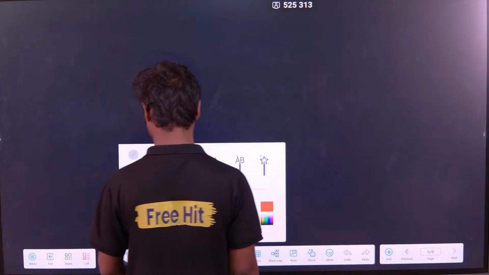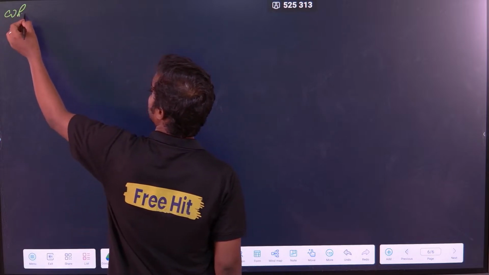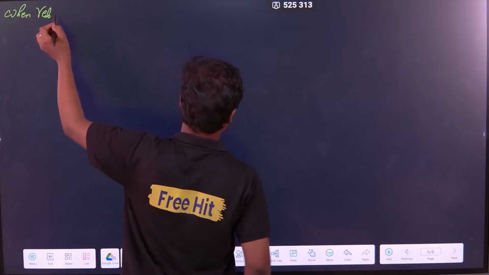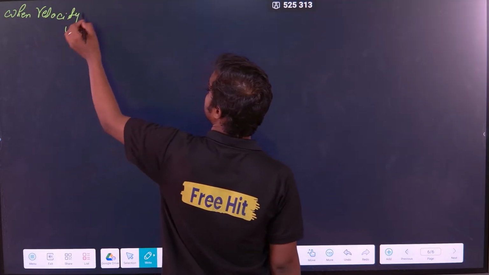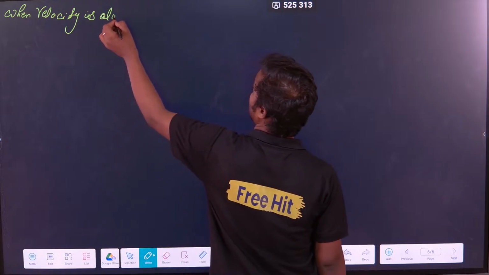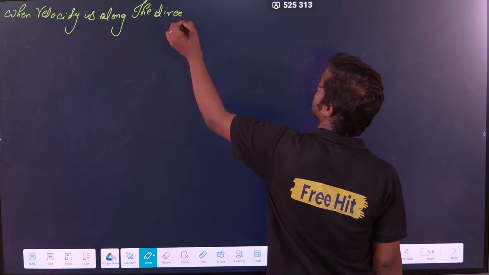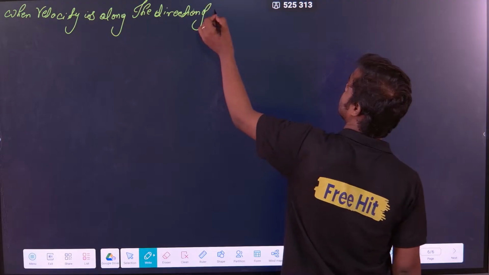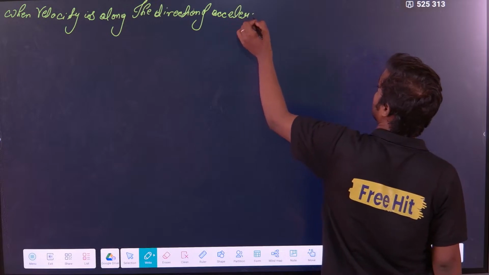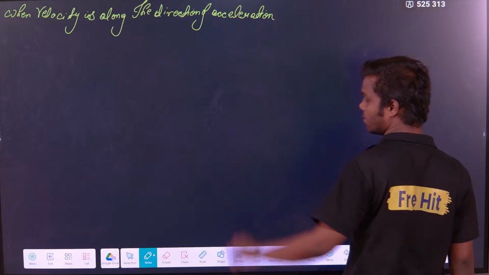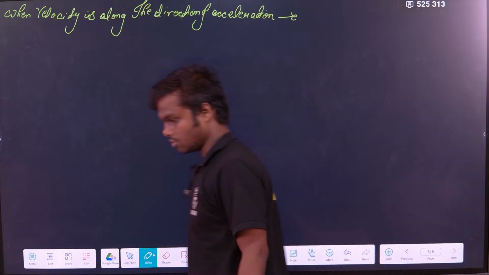Completed? Okay. Now the next thing, remember, when the velocity is along the direction of acceleration, in that case, what is going to happen?